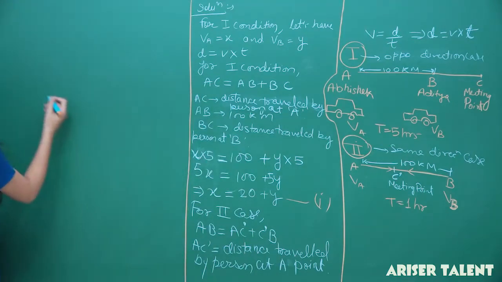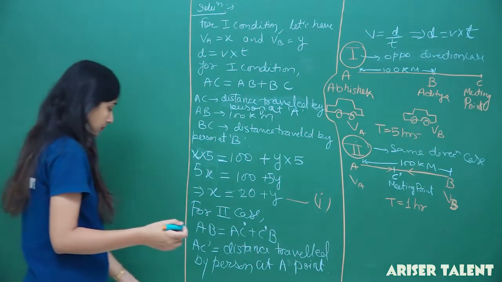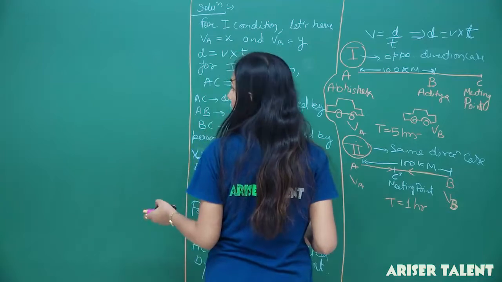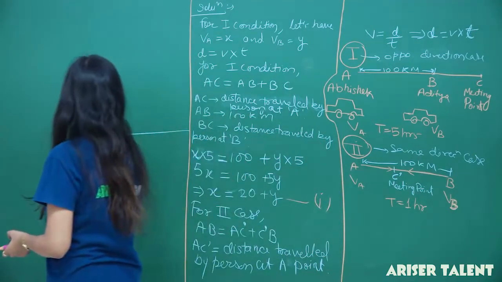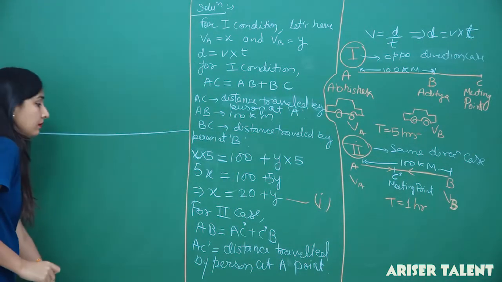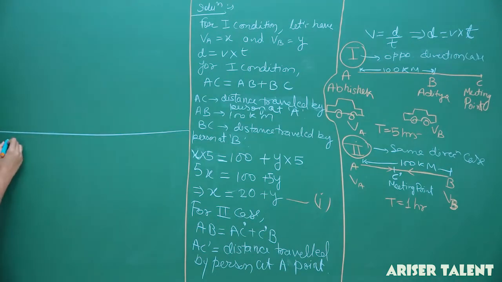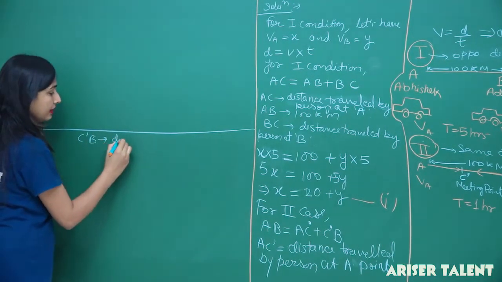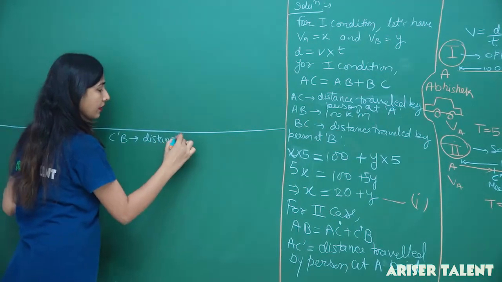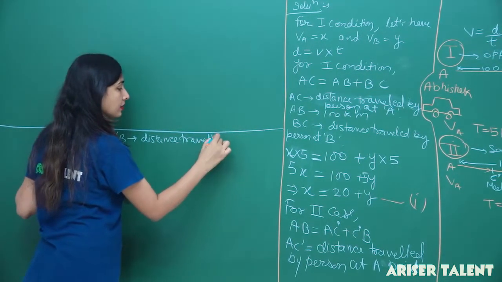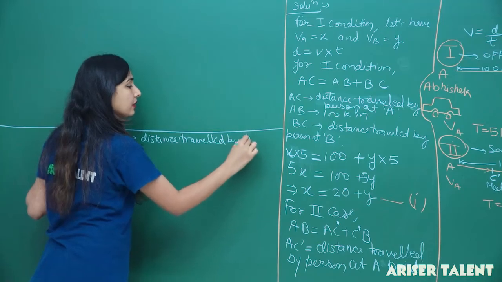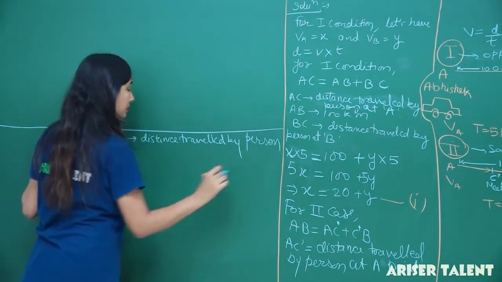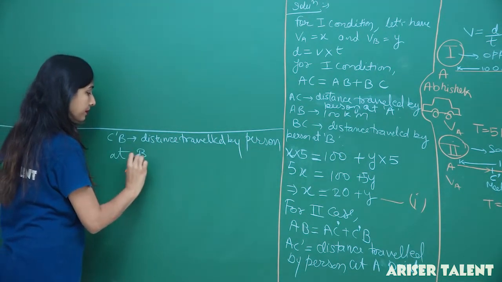Again here, this C dash B is the distance travelled by the person at B point.